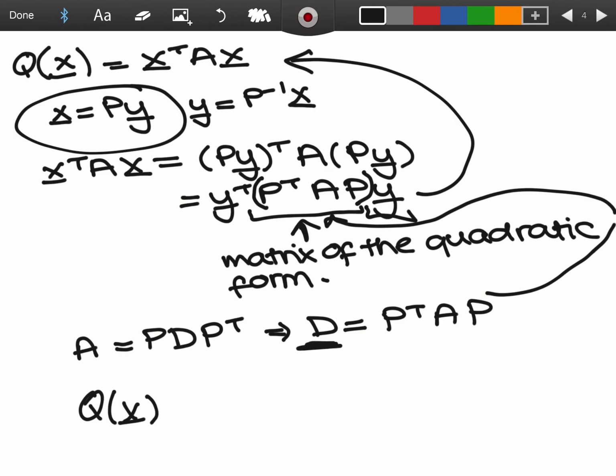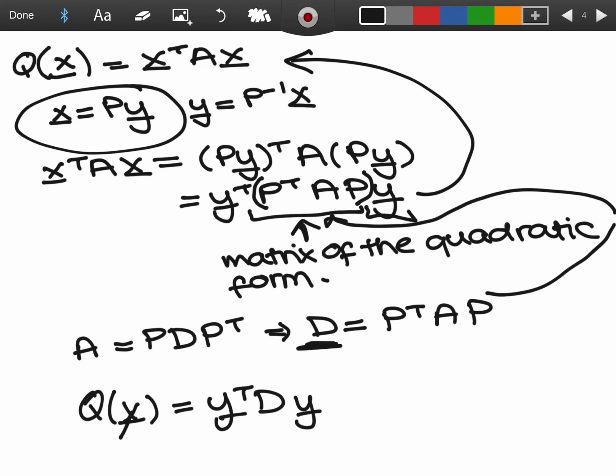So as long as I choose that matrix P to do my change of variable, I can say that Q of Y is Y transpose DY.